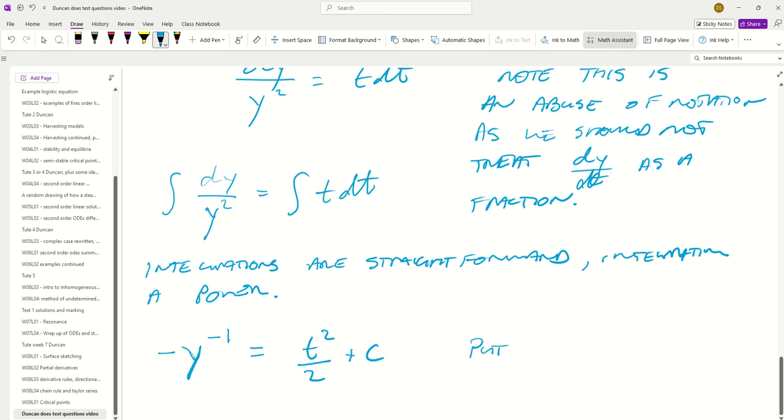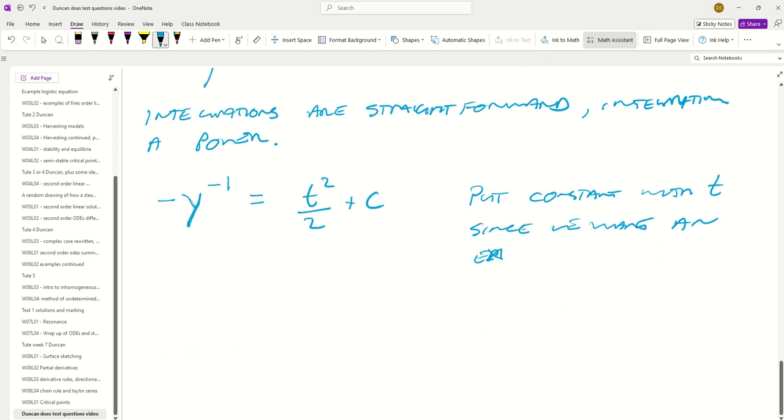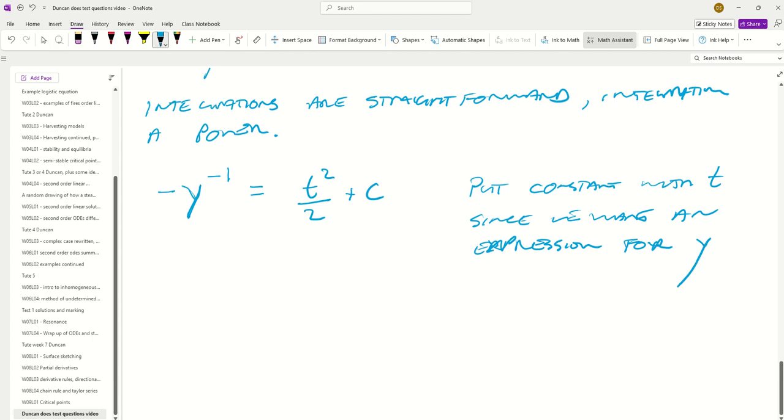Put the constant with the t, because that's where it'll end up. We want an expression for y. Sort out the minus sign and turn the thing upside down. Right, we've got that.